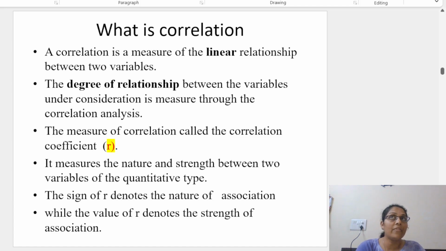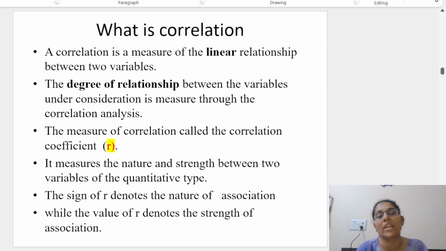Now let us take two variables like the number of cups of tea we consume and the level of intelligence we have. If you observe these two variables, there is no cause-effect relationship. What is the meaning of cause-effect relationship? If the value of one variable increases and it affects the other variable, then only can we say there is a cause-effect relationship.